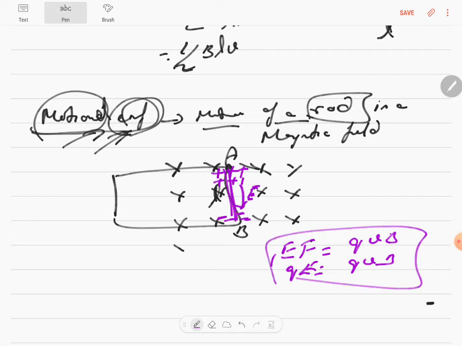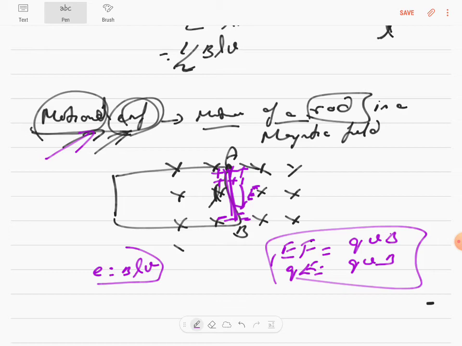Okay, these additional points you have to write when they ask you about motional EMF, but you can still derive that EMF is equal to BLV, which we did. The same derivation can be continued, except that the definition is that motional EMF means an EMF induced in a rod due to the motion of the rod, or in other words a coil, because a coil constitutes a rod.